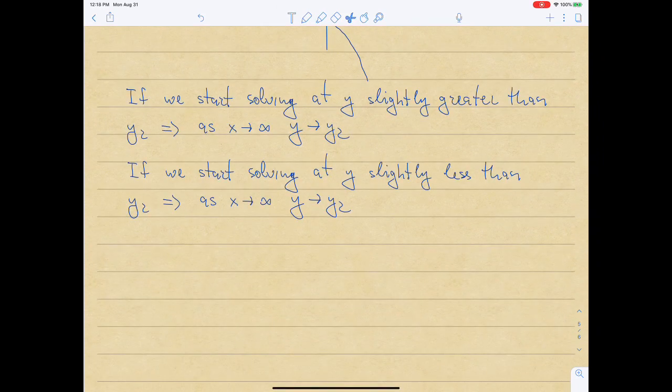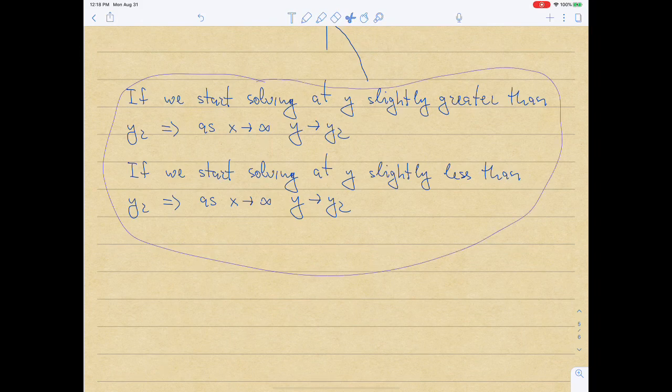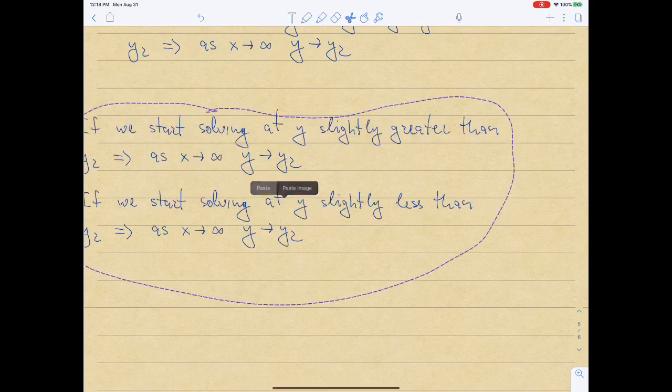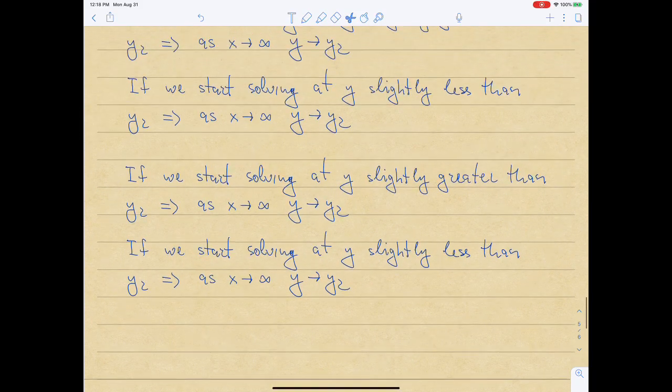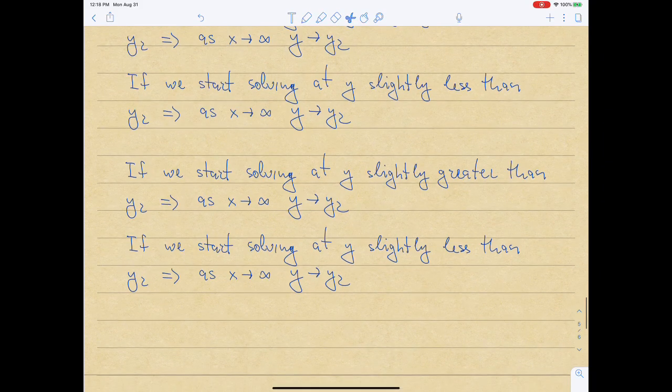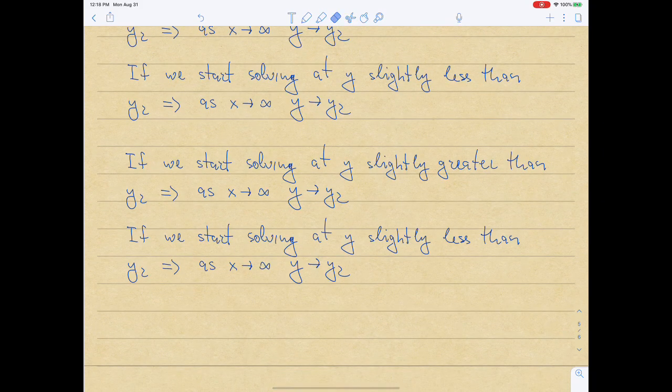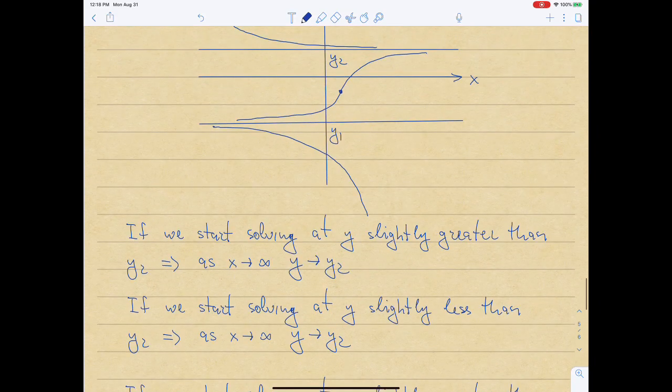For the point y1, the situation is the opposite. So let me copy this stuff. If we start solving at y slightly greater than y1, then what will happen? Slightly greater than y1 is somewhere here.